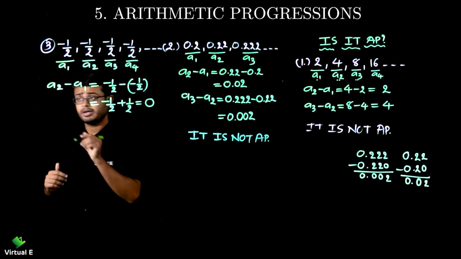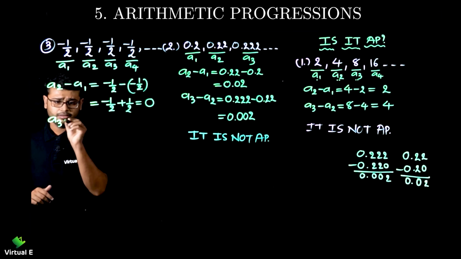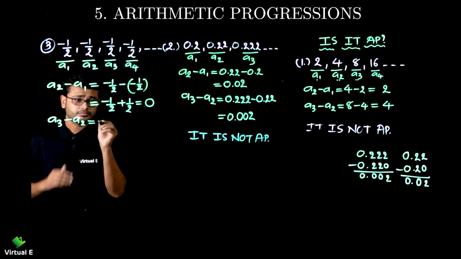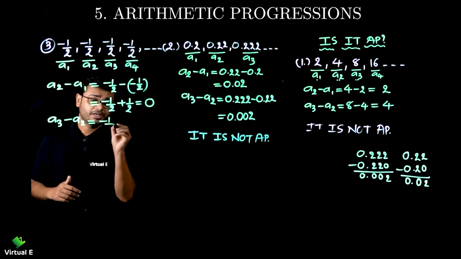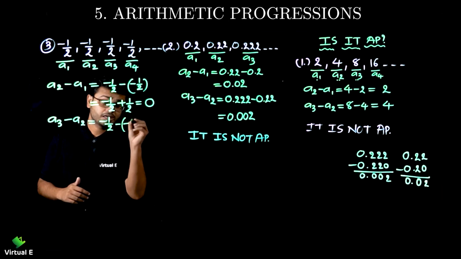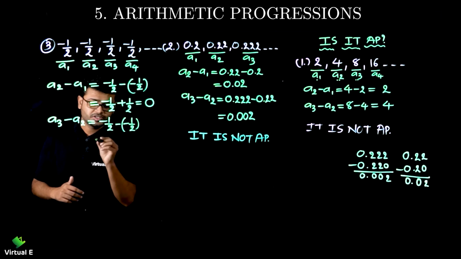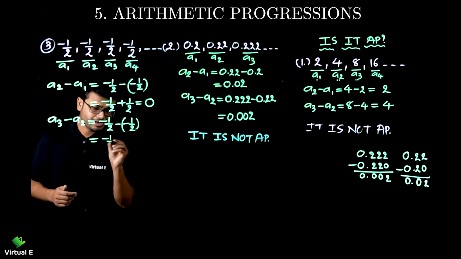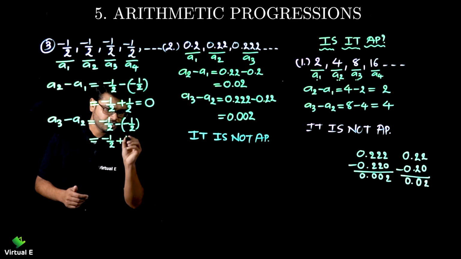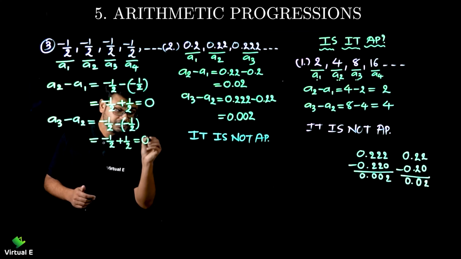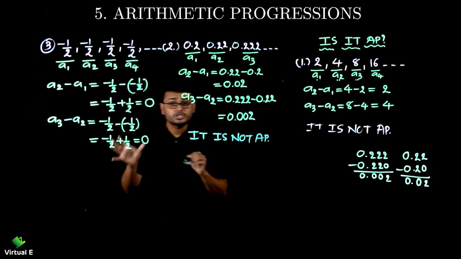Let's do A3 minus A2. A3 is minus 1 upon 2 minus again minus 1 upon 2, similar to the previous one. So minus 1 upon 2 minus, plus 1 upon 2, difference is 0. Don't stop here.